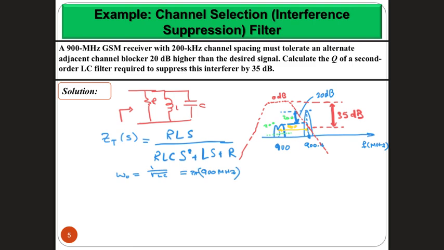So we know now that 1 over the root of LC is equal to 2 pi times 900 megahertz, which means that LC as a value, we can figure it out. So we know from here what's the value of LC. We can put it as a number, L multiplied by C.